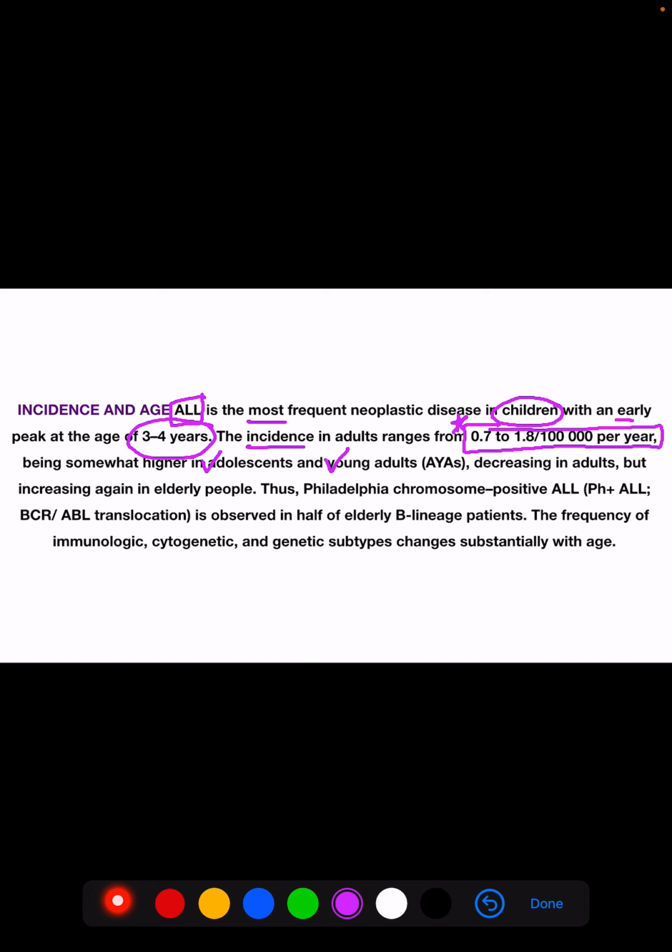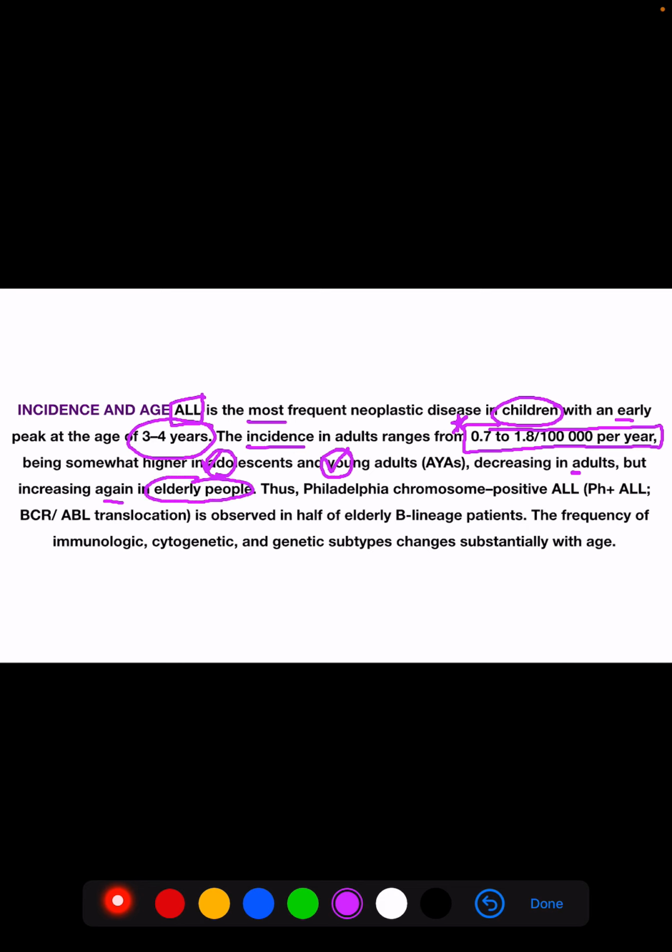In which age group is it common? It is more common in adolescents and young adults. It decreases in adults, but increases again in elderly people.